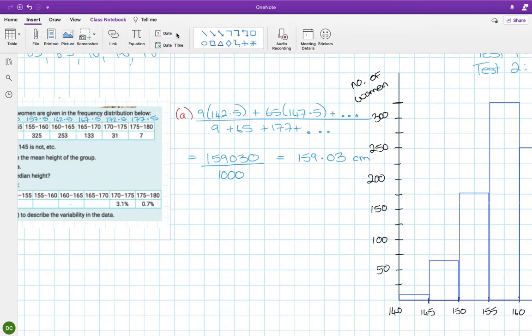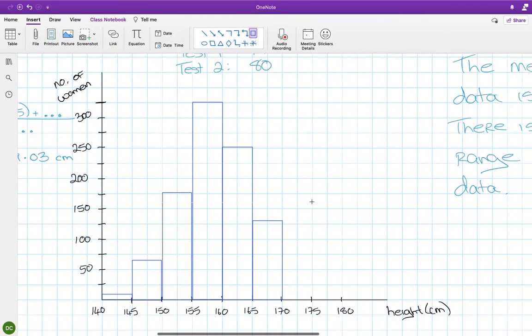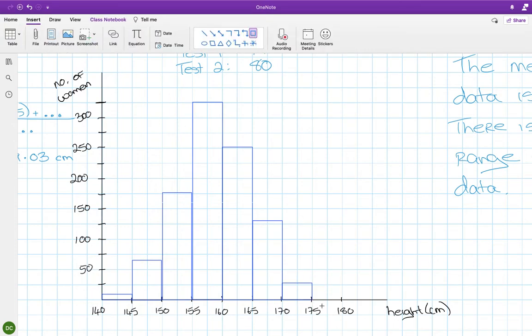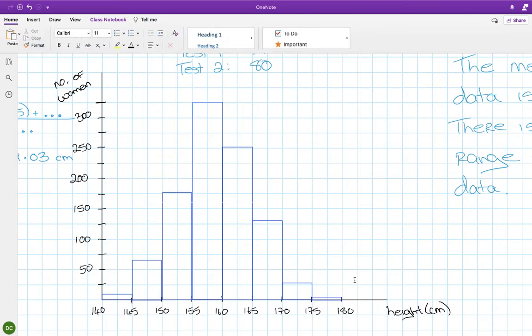Then we've 31, down here above 25. And the last one was 7, and that had to be lower than the first box, which was 9. So just make it a bit lower, like that.